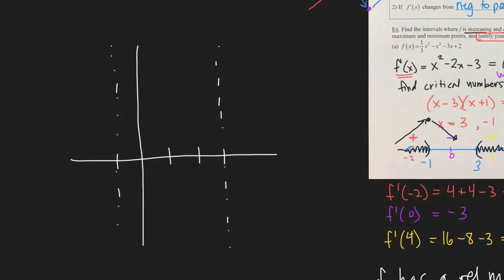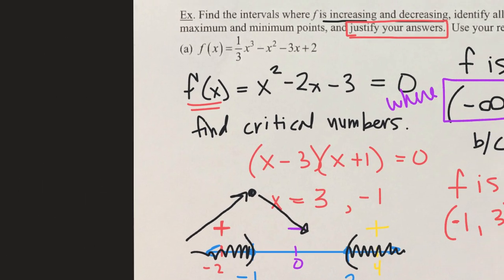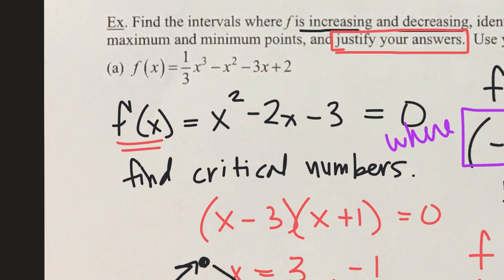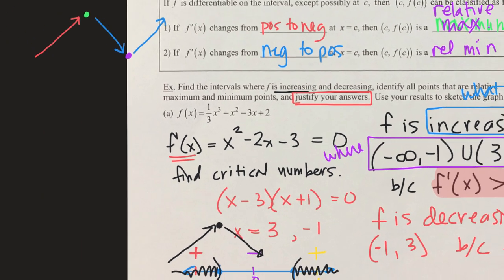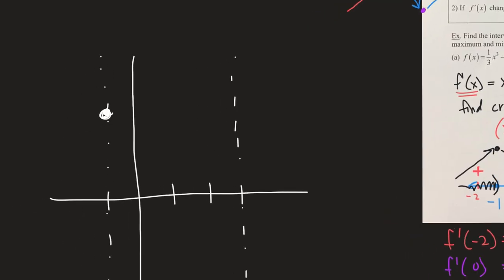I know that my graph has a maximum somewhere along negative 1, and I can figure out exactly what it is by plugging negative 1 into my function for all the x's, and it will tell us exactly where that y value is. But I'm not going to do that.